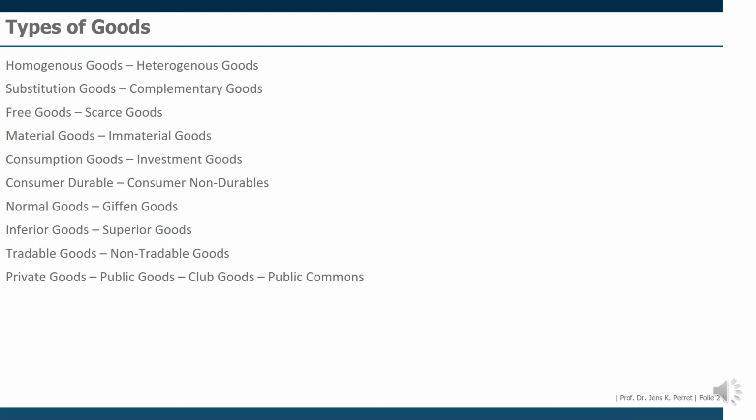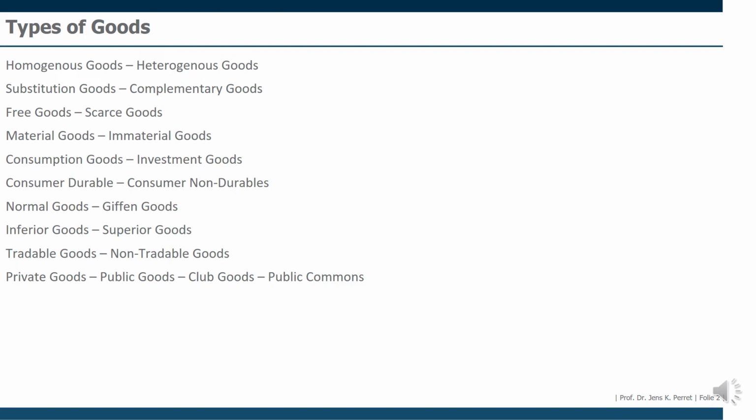So no excludability, no rivalry. That's actually the downside, because you cannot force someone to pay for something where you cannot exclude him from using it. That's why those goods are usually offered by the government, are public goods.